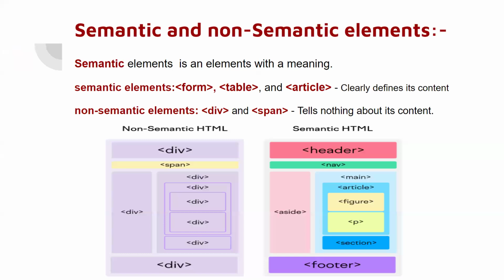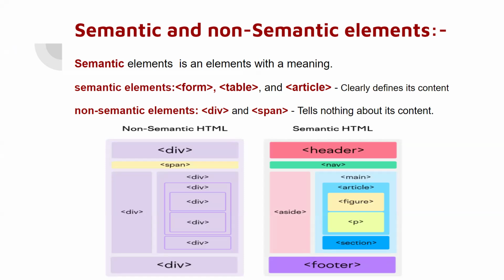Semantic elements are elements that have some meaning, for example form, table, and article. These have content in the particular elements, but non-semantic elements have no meaning, that is div and span. In the earlier HTML4 version they used div and span for non-semantic purposes, but from HTML5 onwards they use semantic elements.